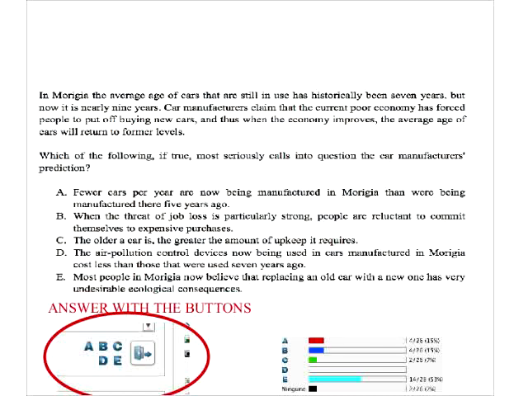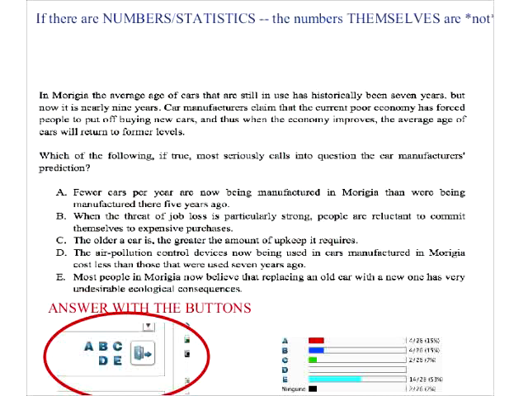If there are statistics, don't pay attention to the actual statistics. Instead, what's the relationship? The numbers themselves are not the point. Instead, you should be looking at the relationships between or among the figures.